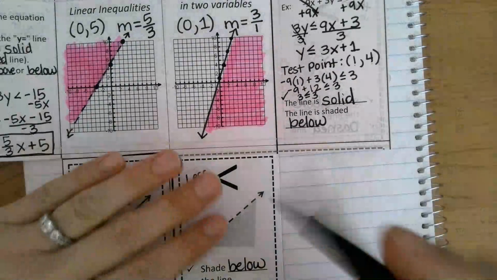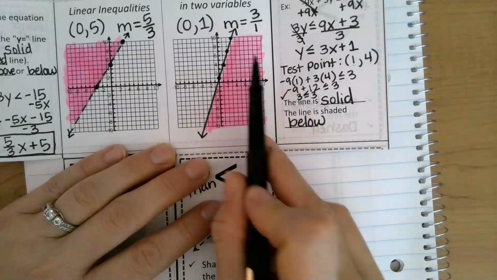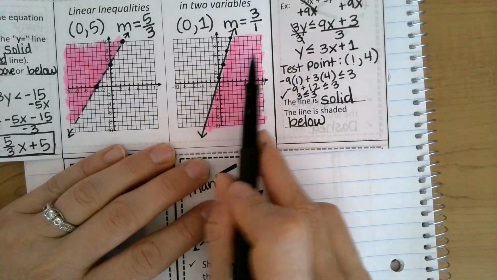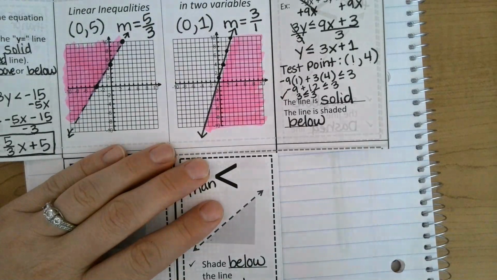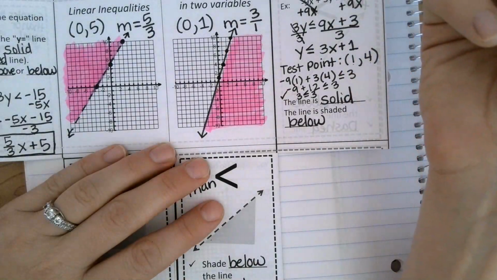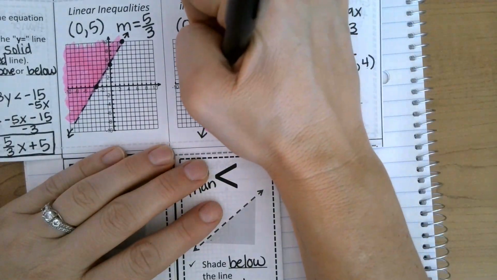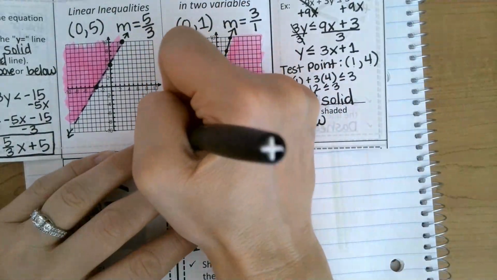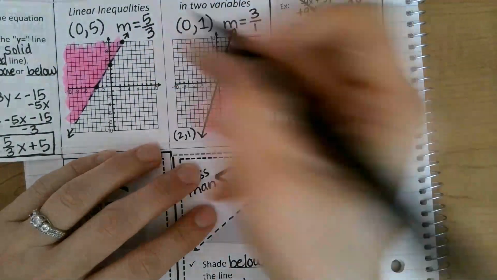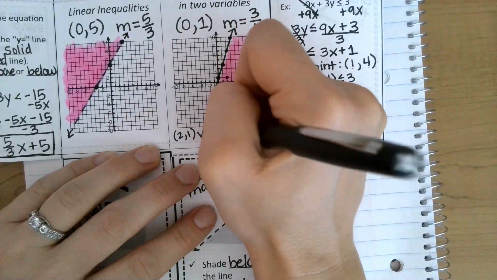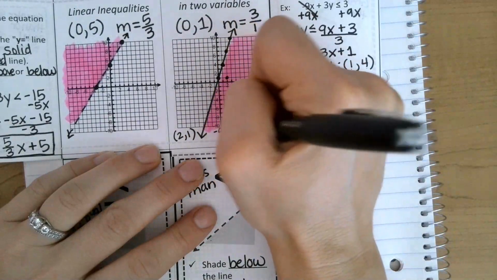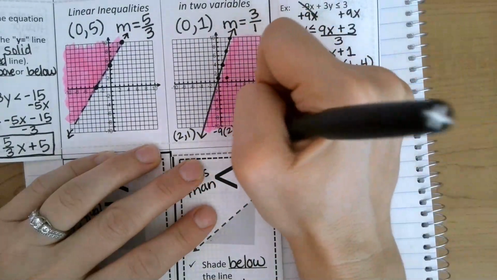So here, I'm going to do it underneath the graph. What would be an ordered pair where it's shaded, not on the line? (2, 1). So here I'm going to test it underneath the graph. So (2, 1), so we would do -9 times 2 plus 3 times 1 is less than or equal to 3.